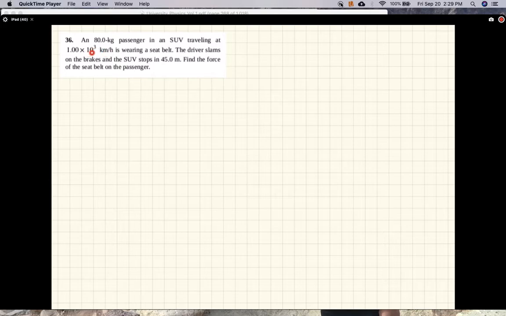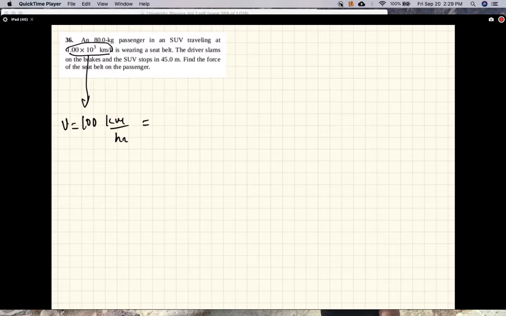You're not going at 1,000 kilometers per hour in an SUV. So we'll change that. We'll make that 100 kilometers per hour, which is a more realistic speed.